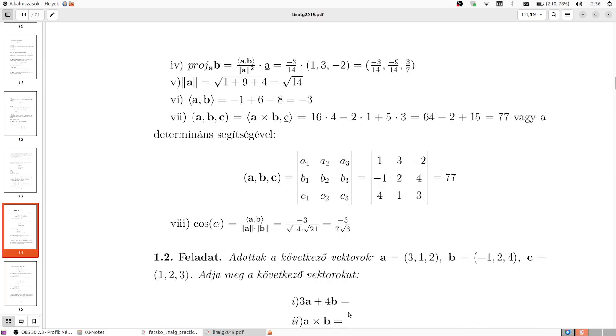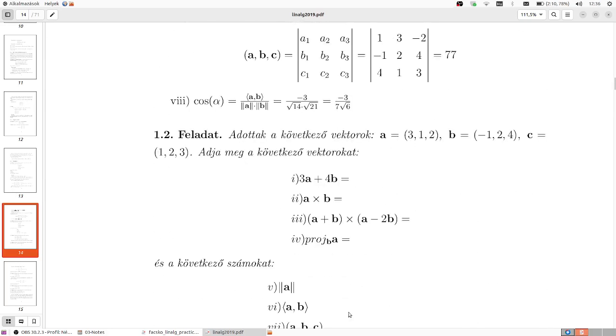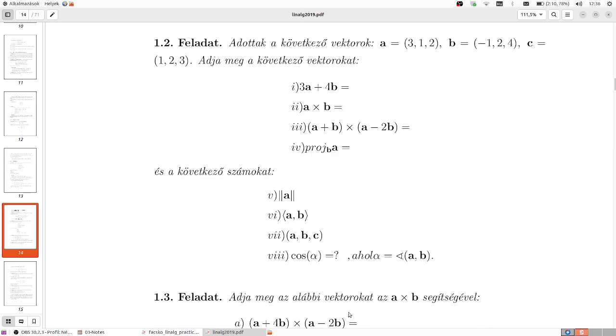Very good. Next one. We have the following vectors, and yes, we have to do tasks 2, 3, and 7.